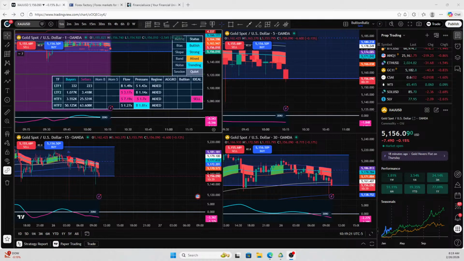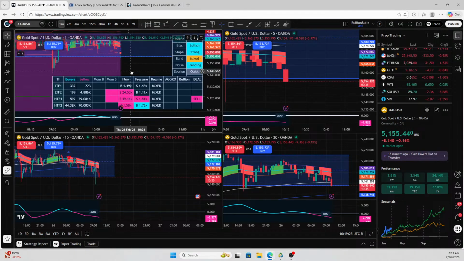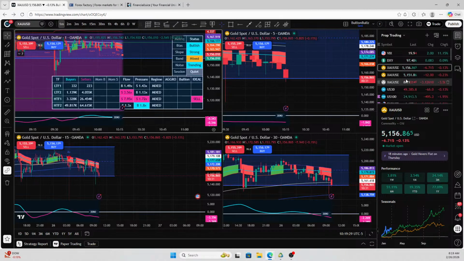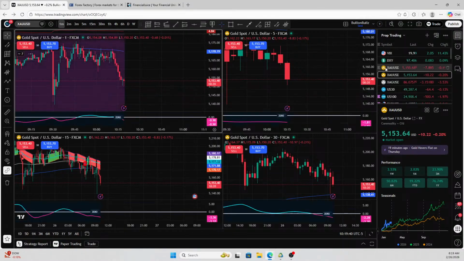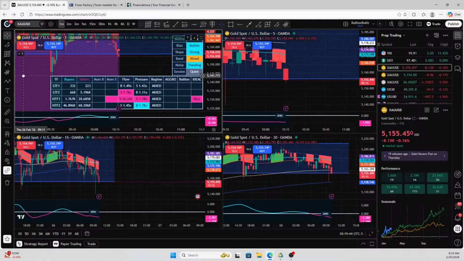Yeah, guys, market is actually looking to dump. Let's see if we can get something. Yeah, market is actually starting to dump. Yeah, this is the problem, right? When you see Oanda, you won't see the dump, but here you would see it.